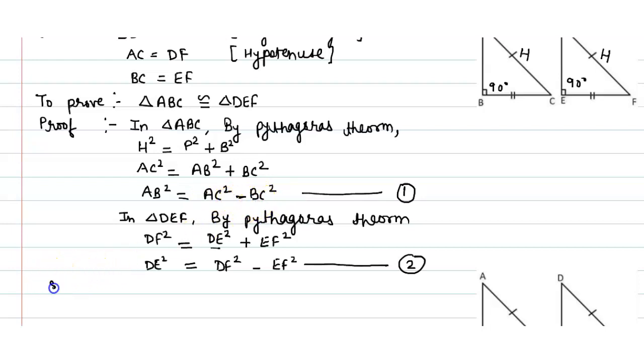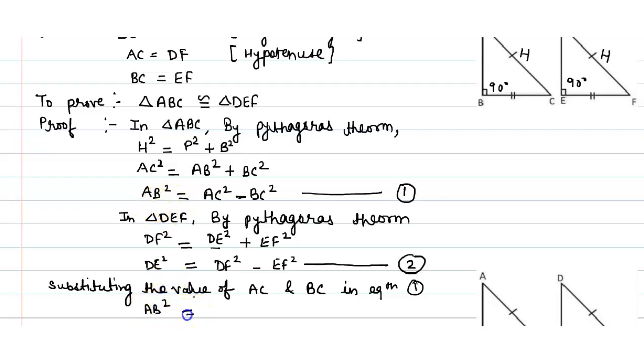Substituting the value of AC and BC in equation 1, we get that AB square will be equal to, in place of AC we will write DF.